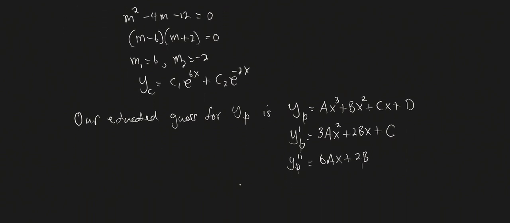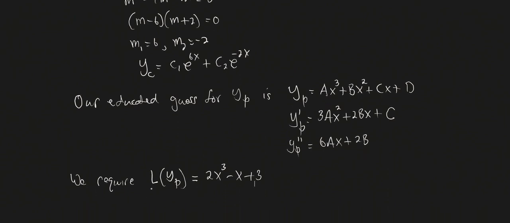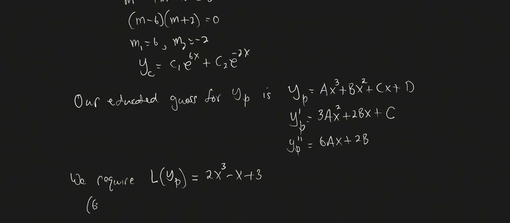So we require, this is what we need: we want L of y sub p to be equal to 2x cubed minus x plus 3. Well, what does L do? It's going to take the second derivative. So let's say you have your 6ax plus 2b.